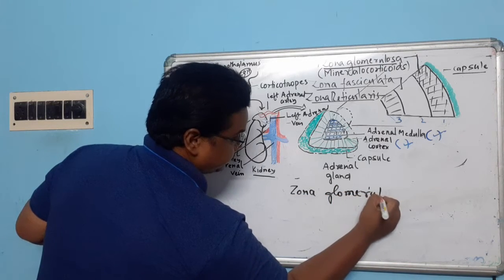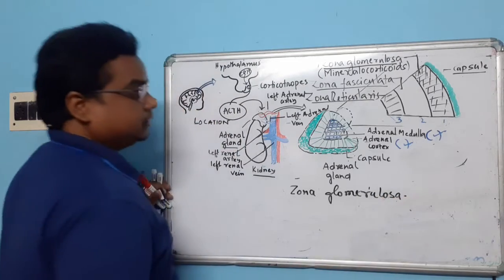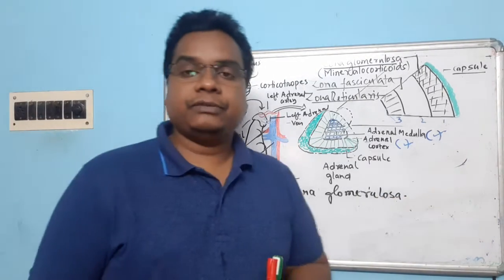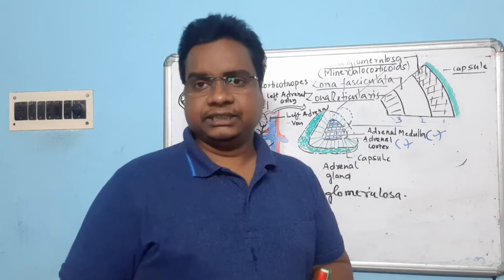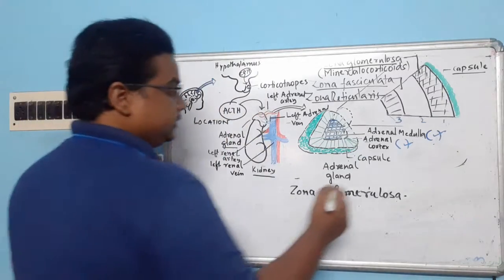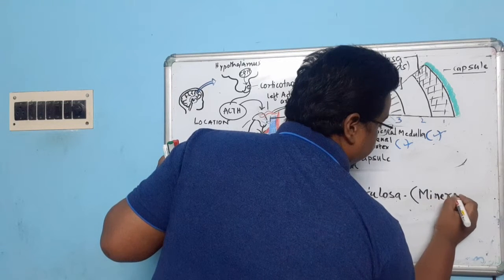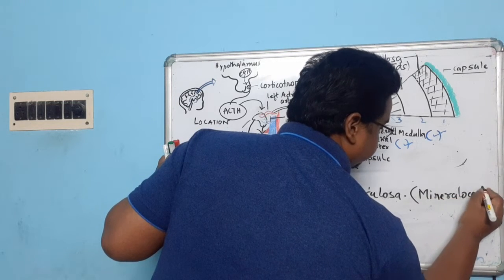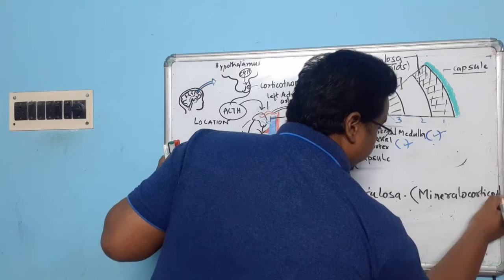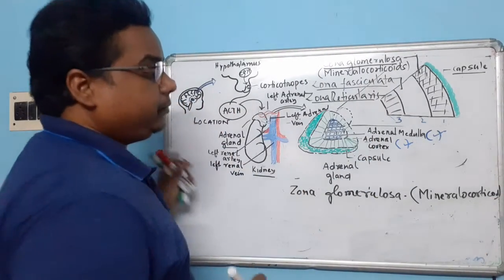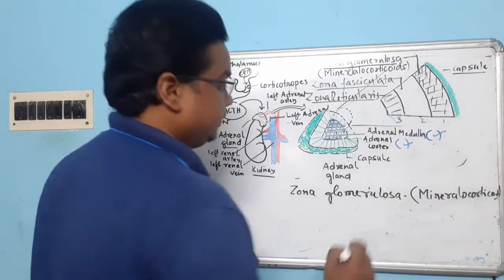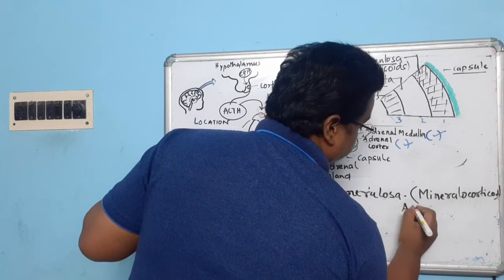The outer layer is the zona glomerulosa. Now the question is, which specific hormone is secreted here? The specific hormones are the mineralocorticoids. One of the major mineralocorticoids you should remember is aldosterone.